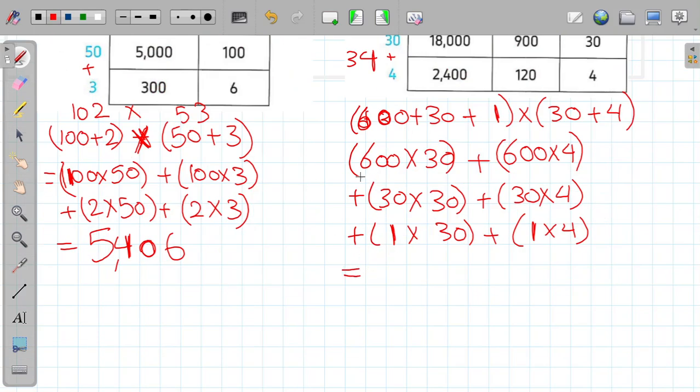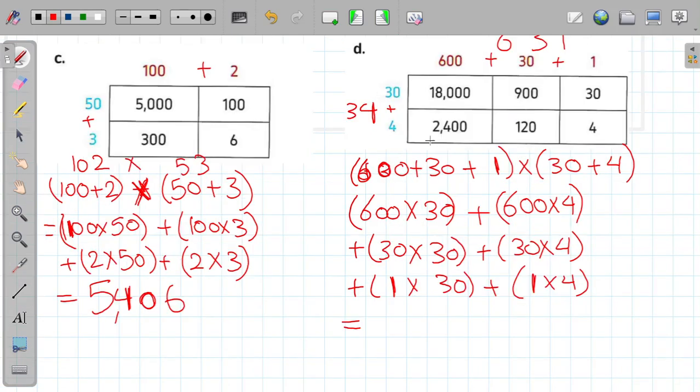So the first one was 18,000. Next I have 2,400, 900, 120, 30, and 4. I will add them together like this.